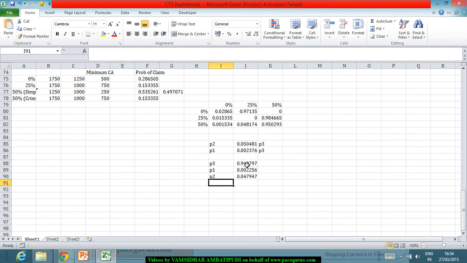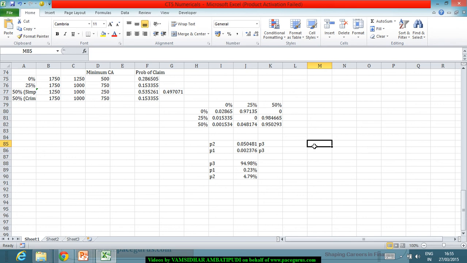Now this is what I can say: in the long term, the probability of staying in a 0% discount state is around 0.2%. The probability of staying in the 25% discount state is 4.79%, and the probability of staying in the 50% discount state is around 94.98%.